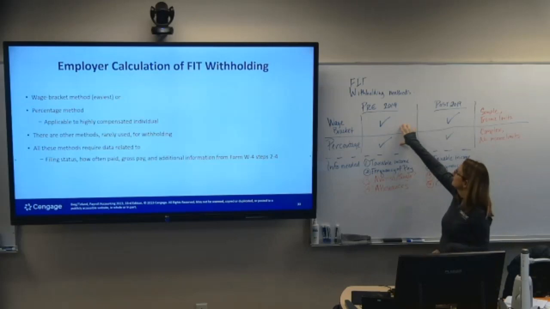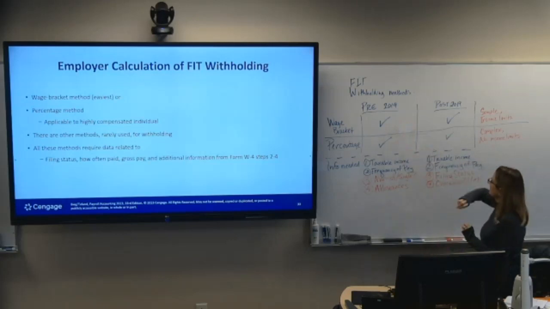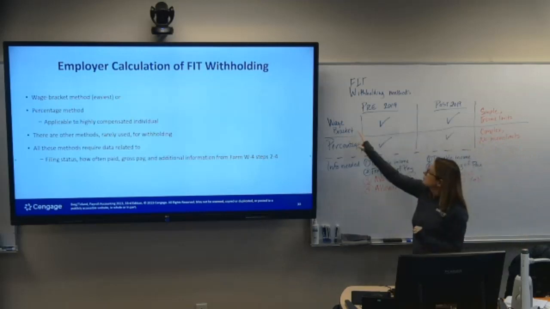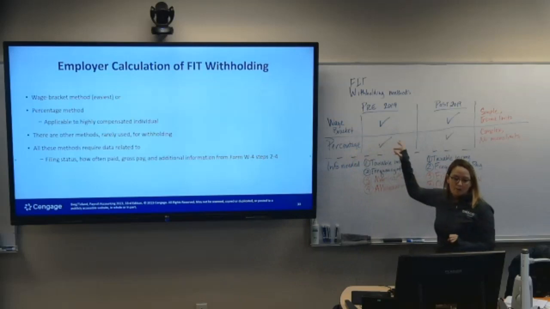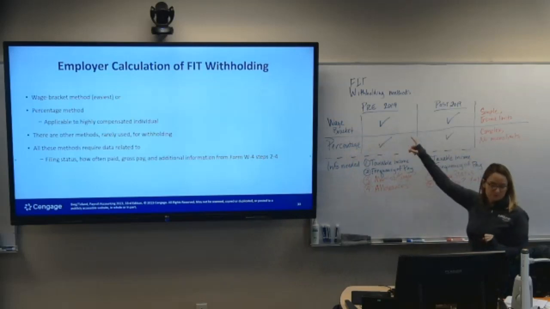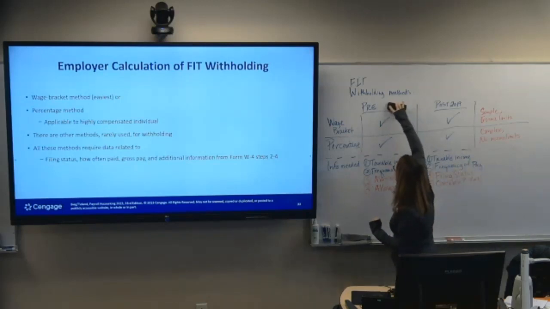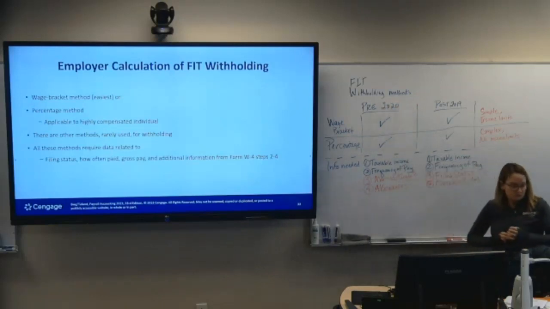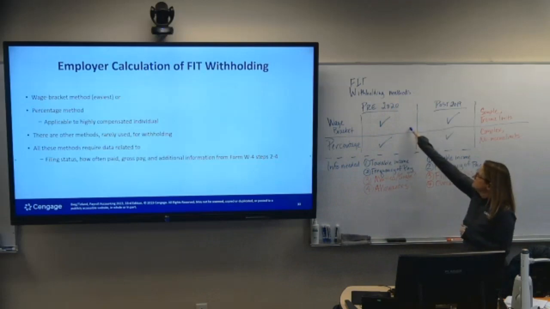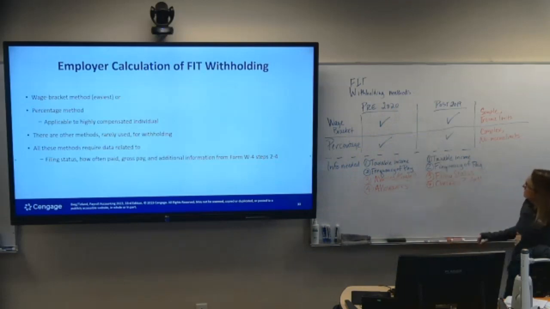We will be going through that, but I wanted to put it up here as well to show you that the two methods that we have, the wage bracket method and the percentage method, apply to both of these: pre-2019, I should say pre-2020 actually, pre-2020 method and post-2019 method. Put that up there. Because in 2019, we were using that old method.